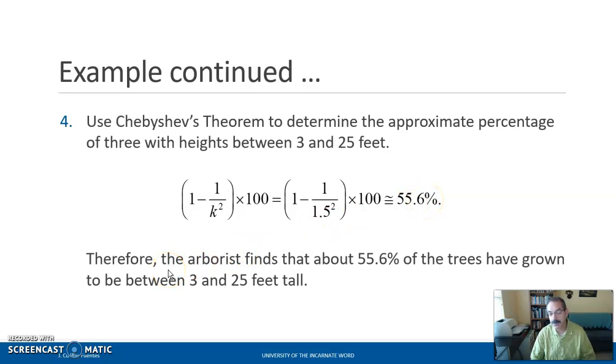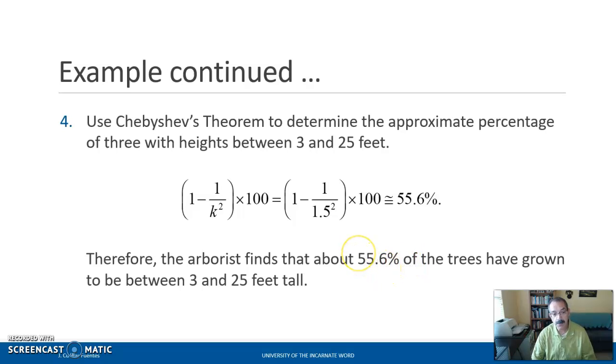Therefore, the arborist finds that about 55.6% of the trees have grown to be between 3 and 25 feet tall. And then from this determination, he can determine if the growth of this forest is healthy, and he can even perhaps predict how long it will be before the forest is back to how it was before the fire.